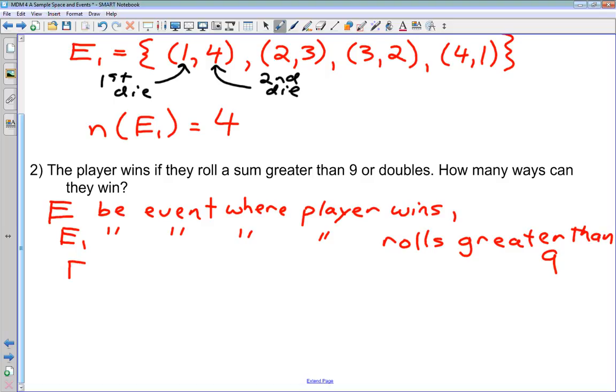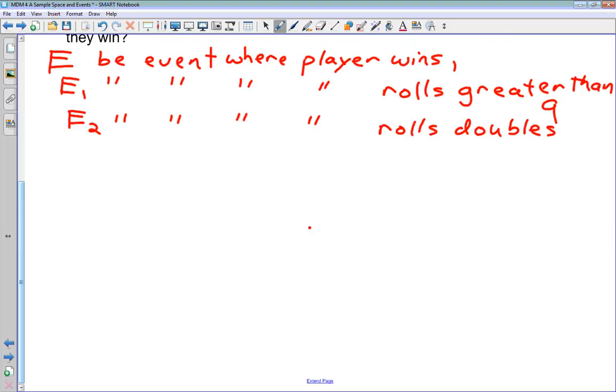And we'll have another event space, E2, which is the event where the player rolls doubles. So let's list out our event spaces for E1 and E2, and then consider the combined event space, capital E.